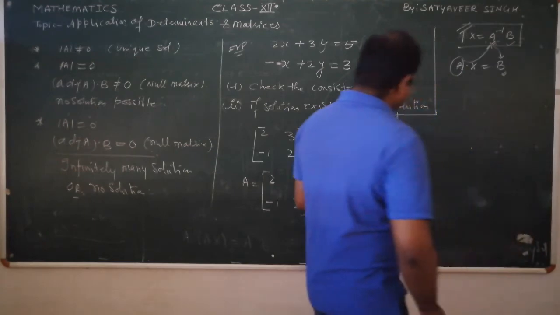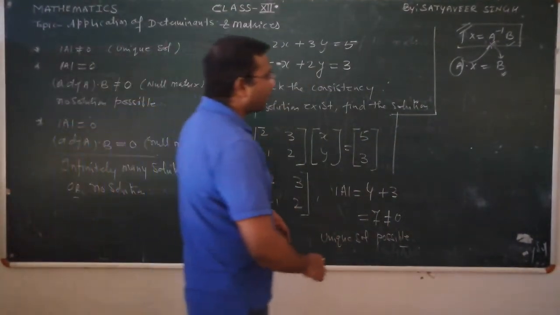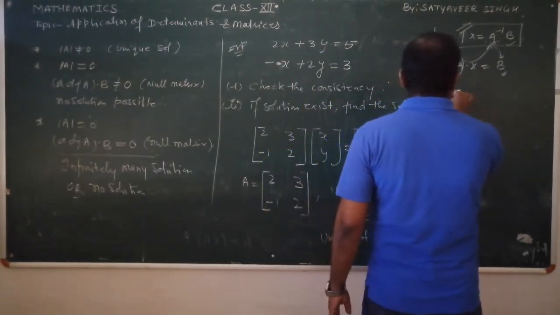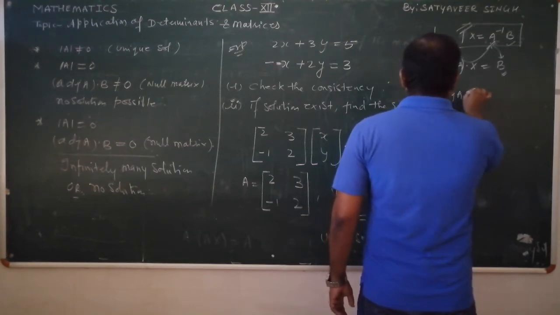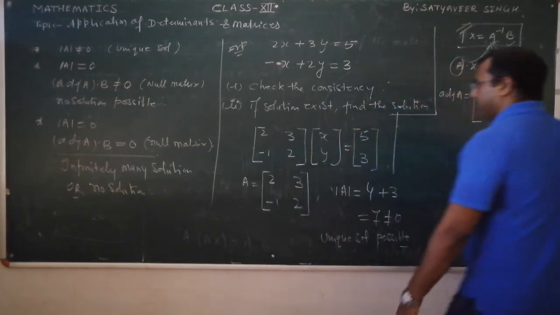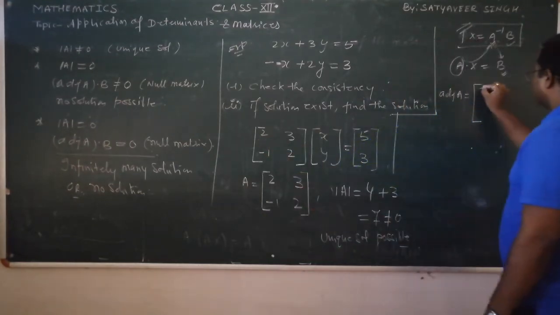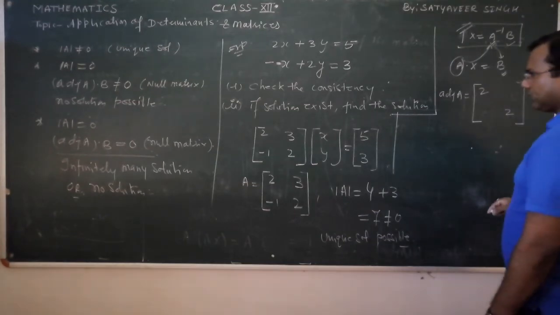Let us see quickly. I am finding the inverse of this matrix. It is a matrix of order 2, so I can first find the adjoint by the shortcut method. We interchange these two, which are the same numbers, so it does not affect.